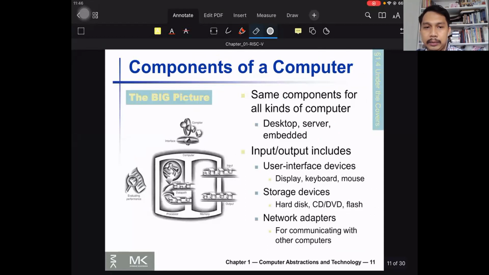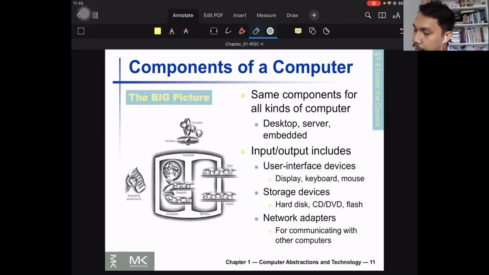Next, components of a computer. I think even in grade school or elementary, it was the first topic in the computer subject: what makes up a computer? Again, this is just a big picture, how we simply organize the components of a computer.